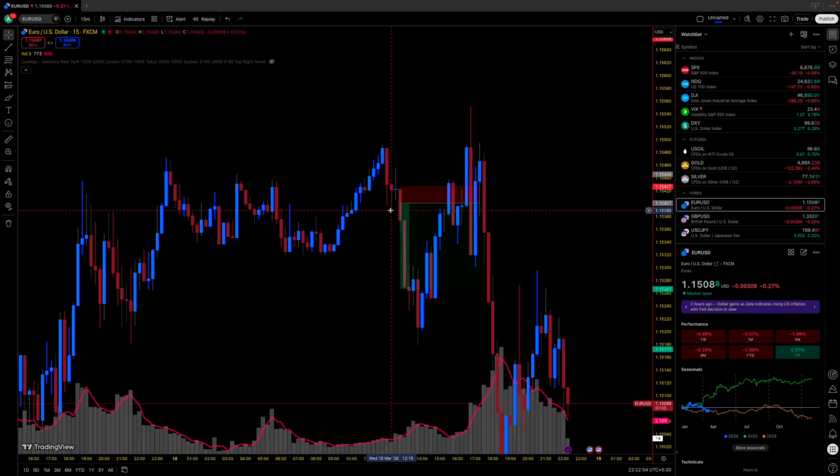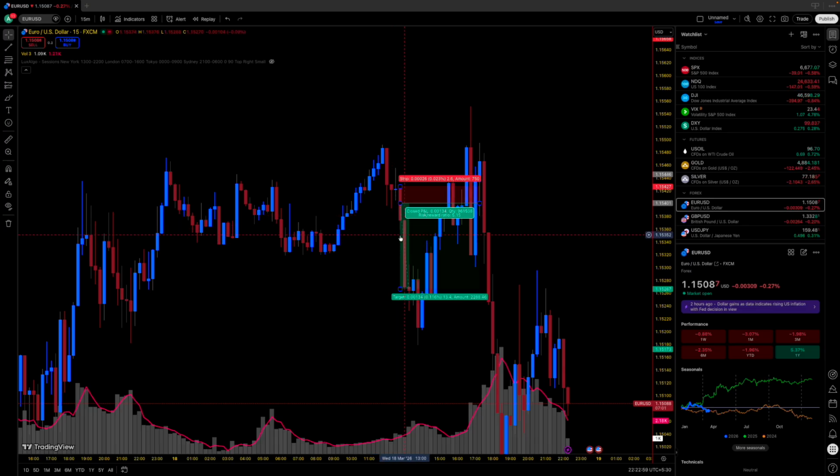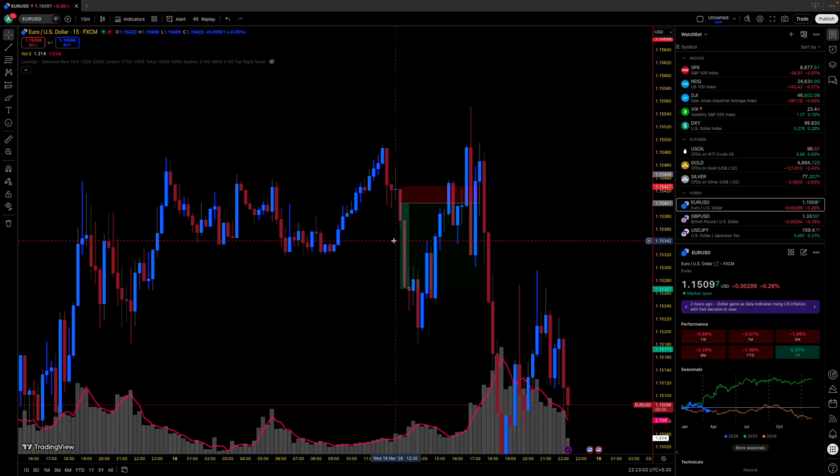showing me volume, and as soon as the candle started breaking these rejection points, I was completely sure that the volume was going to kick in, because it's the London open. The London session has just started, and there are high probabilities that with high volume, the price is going to drive in the direction in which it shows it is going.